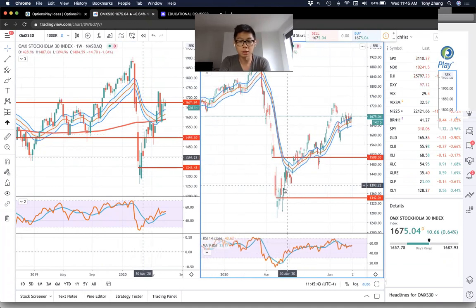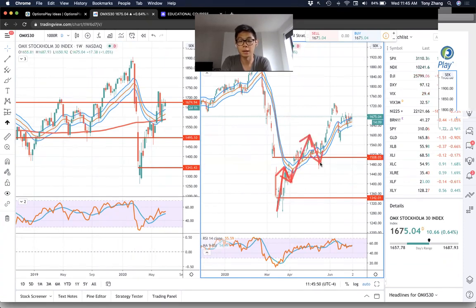Now, one of the things you'll notice about the OMX S30 is that off the rally, it had subsequent waves of buying and selling. We've now had roughly what we would consider 5 waves of buying. So for those of you that follow Elliott wave, we've completed what might be seen as a 5-wave buying pattern, or an up wave, if you will.